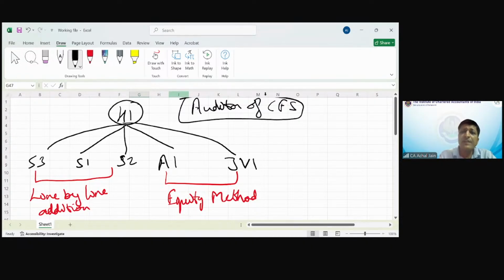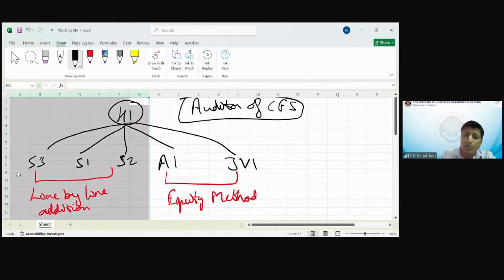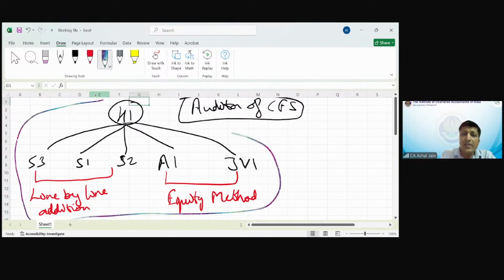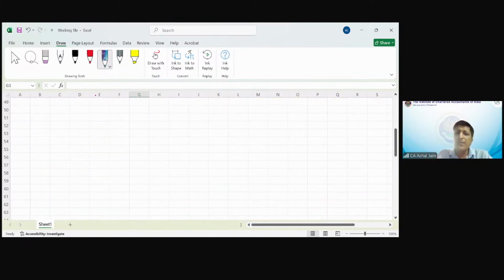The auditor of CFS will have a lot of responsibilities which go beyond H1. Why? Because they apply to this group as a whole. So that's why the auditor will have to consider all of them. Now in this case, a couple of scenarios are possible. So let's understand those scenarios.